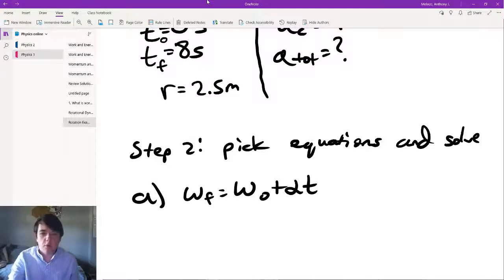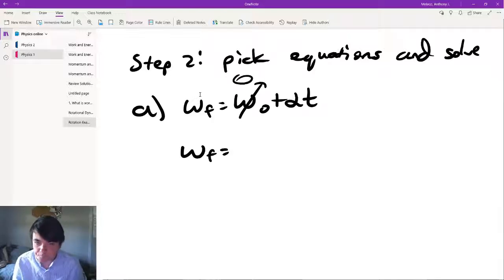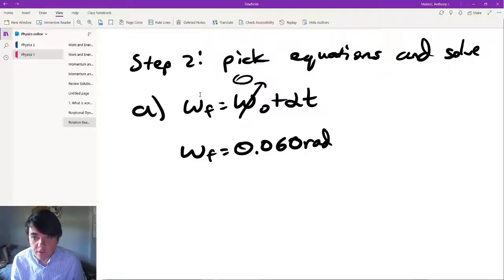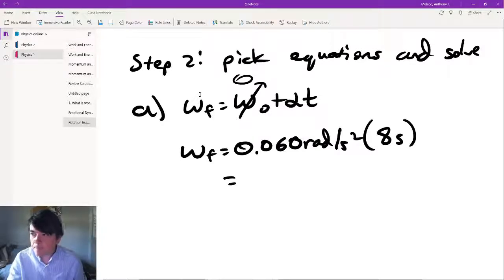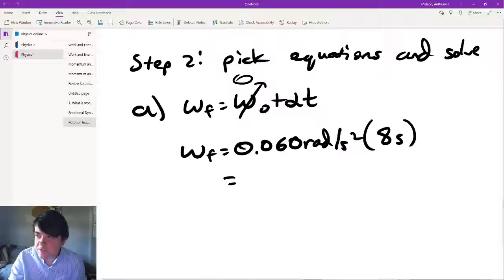This is an equation that works because we want omega final. This is 0. We know alpha and we know time. So we can just go through, and that guy's 0. Our alpha is 0.060 radians per second squared. Our time was 8 seconds. Just make sure, 8 seconds, 0.060.